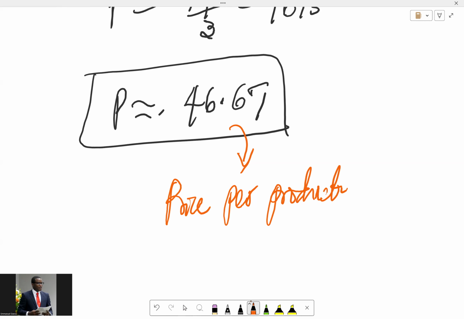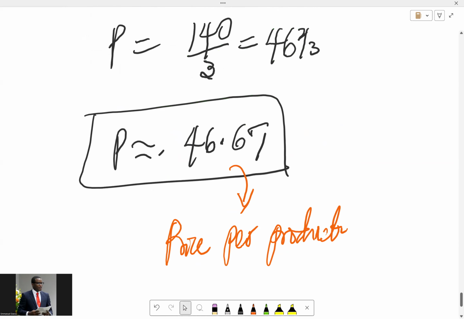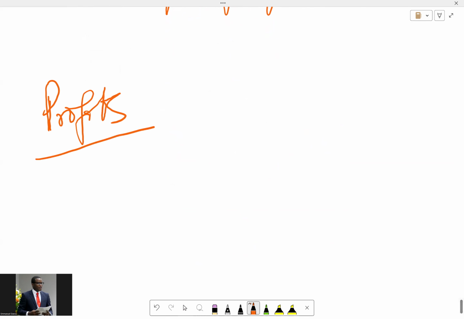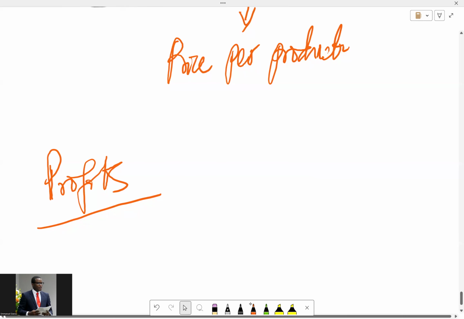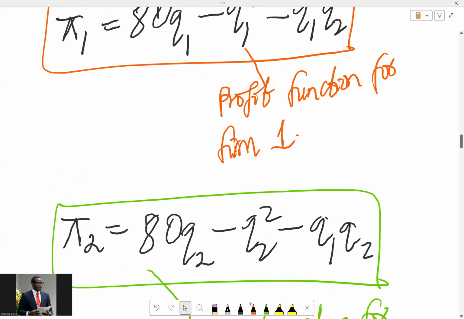So the next thing is the profit. What would the profits look like? So let's talk about the profits. We already have a profit function, right? So let's revisit our profit function.